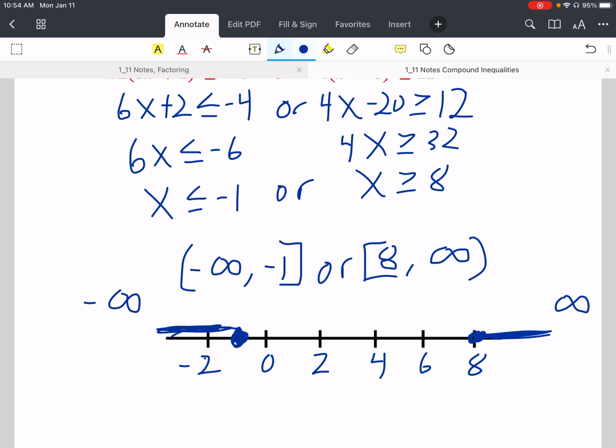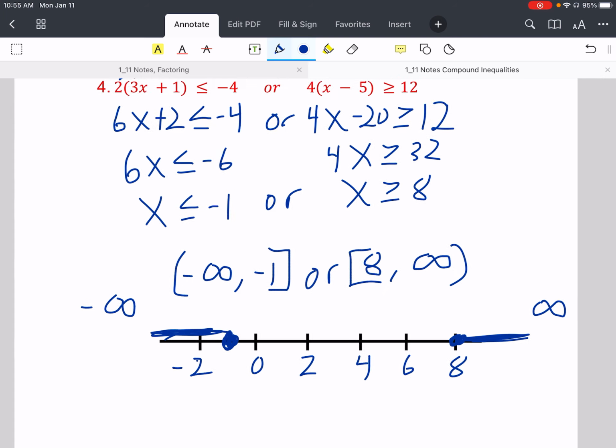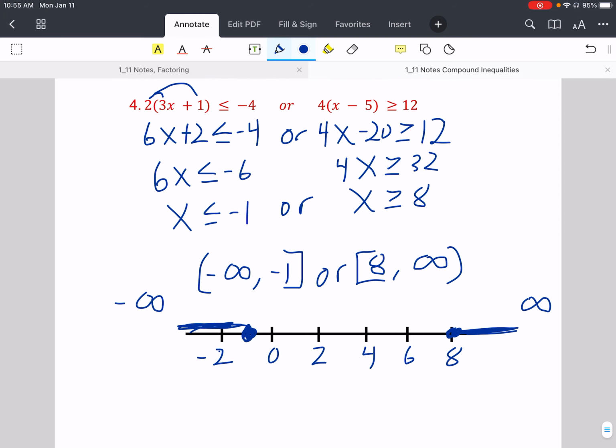If on your assignment you had put infinity in a bracket, I would accept that. But for your actual numbers, like the negative 1 and the 8, you're really going to want to have the correct bracket or parentheses.